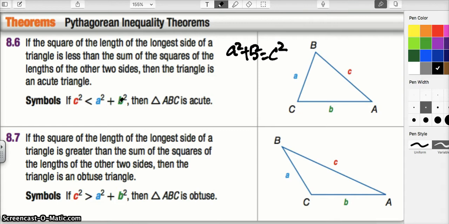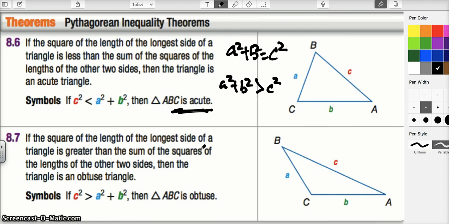But if a squared plus b squared is greater than c squared, so if a squared plus b squared is bigger than c squared, that's what's being said here, then you have a triangle that is acute, meaning all of these angles are less than 90 degrees. Kind of makes a weird kind of sense if you think about it. Here, if a squared plus b squared is equal to c squared, then we're saying, yeah, you the man. Across from you is a right angle. But if a squared plus b squared does not equal c squared, and in fact is greater than c squared, then c is not as big as it needs to be in order to have a right angle.